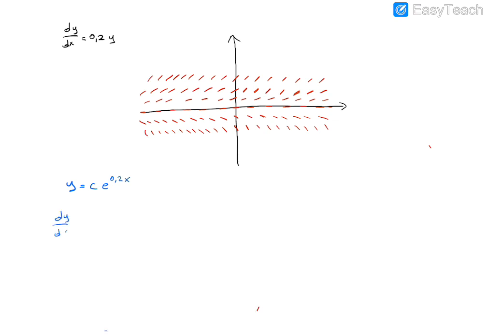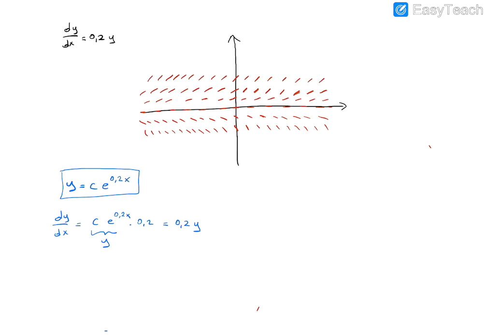The derivative of y with respect to x equals c times the derivative of e to the power 0.2x, which is itself times the derivative of 0.2x, which is 0.2. So now this is y, so this is 0.2 times y. So dy/dx equals 0.2y. This means this is the solution of our differential equation.